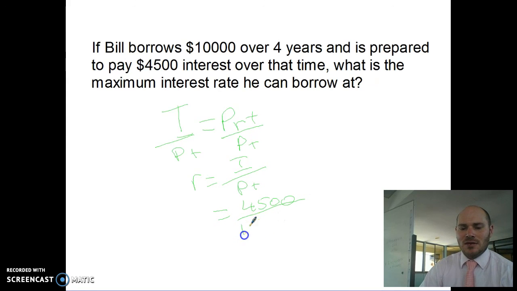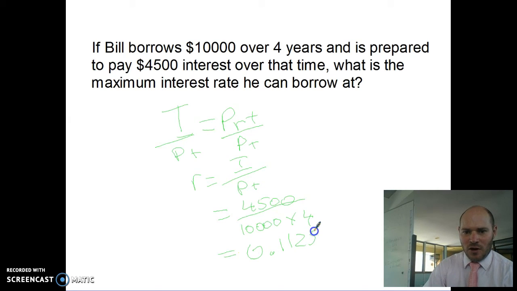His initial loan is $10,000. He wants to pay it off over 4 years. So 4,500, use my ABC function, over 10,000 times 4, and it tells me that it's going to be 0.1125.